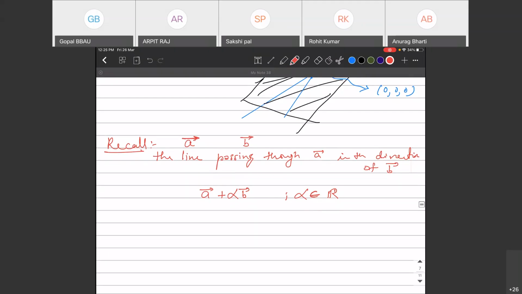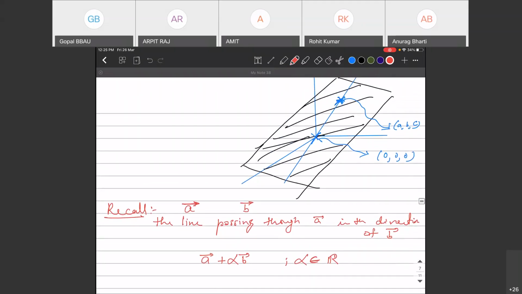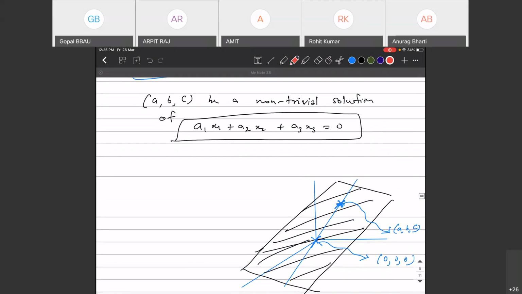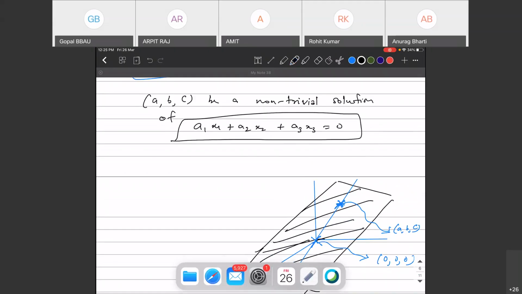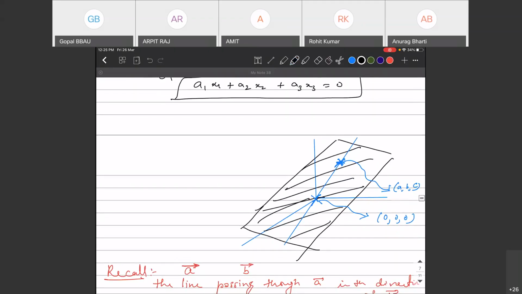Okay, let's go back to our situation. Here we have two points, (0, 0, 0) and a vector (a, b, c).